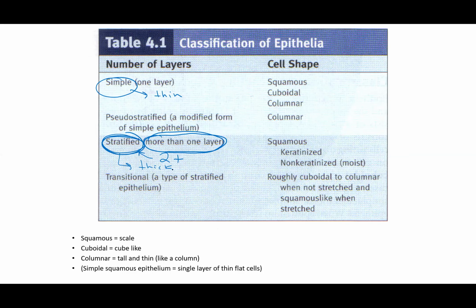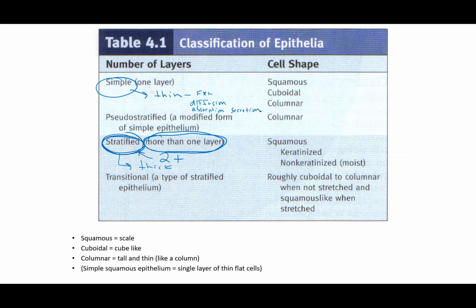This will help you with narrowing down the function of tissue. If the layer is simple, meaning very thin, thin tissue is good for, so the function of thin tissue, think diffusion, absorption, secretion.